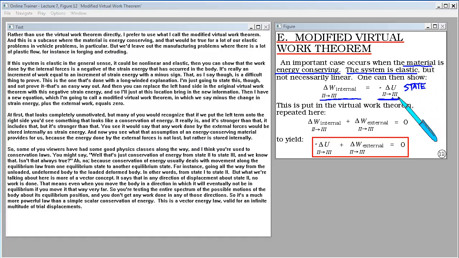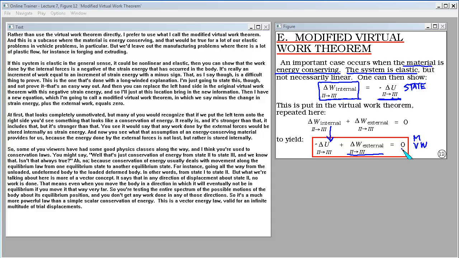And then you can replace the left-hand side in the original virtual work theorem with this negative strain energy, and so I'll just at this location bring in the new information. Then I have a new equation which I'm going to call a modified virtual work theorem, in which we say net minus the change in strain energy plus the external work equals 0.